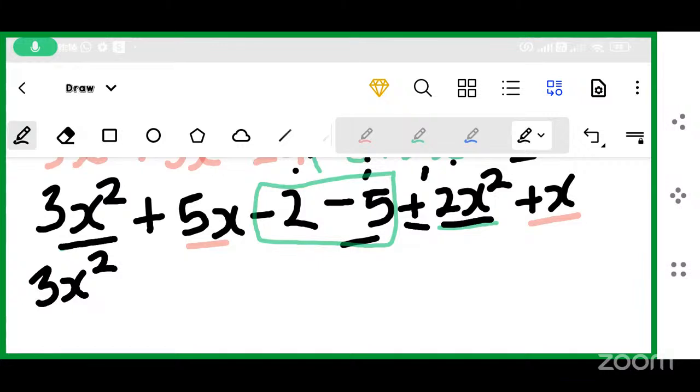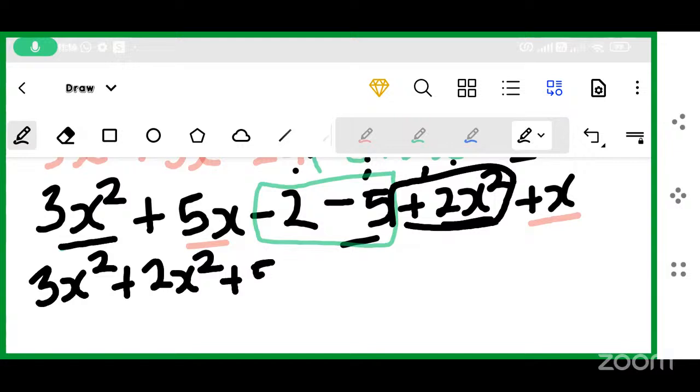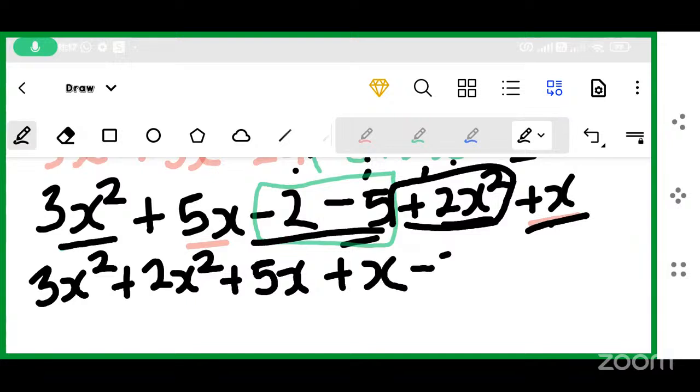We can take the plus 2x squared. So we have to make sure that we start with x squared, x, and the number. So the next one, we're looking at plus 5x, which is a relative to plus x. So you write your plus x. The last one are the numbers, which is negative 2 minus 5.